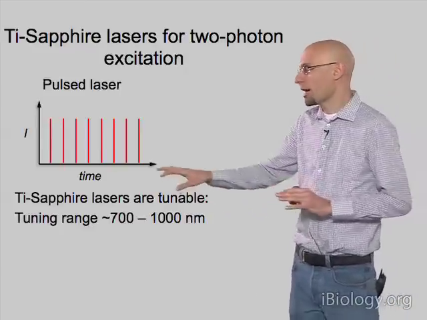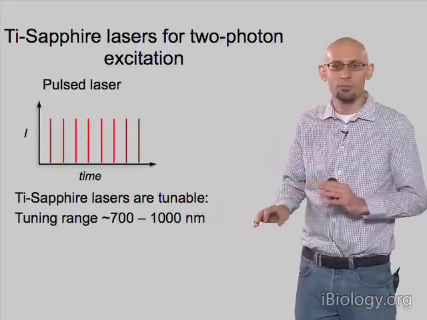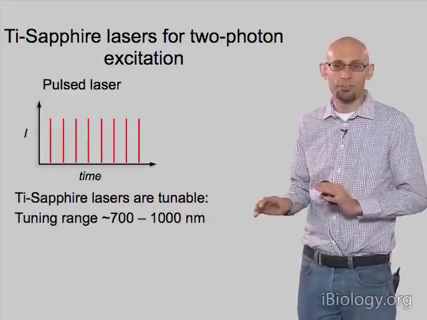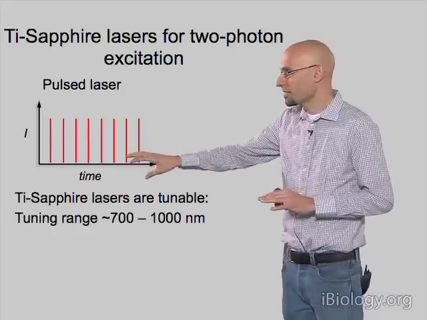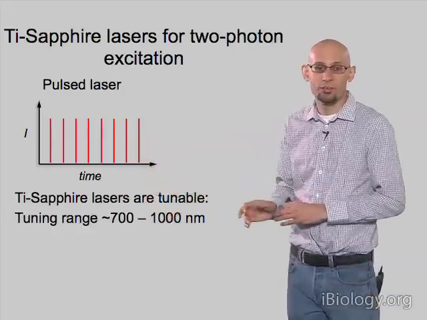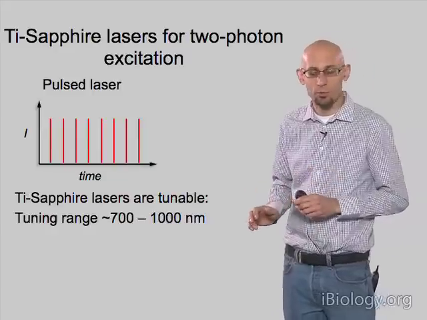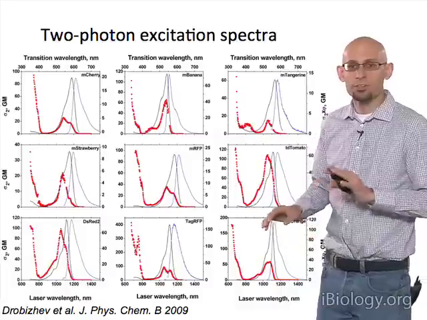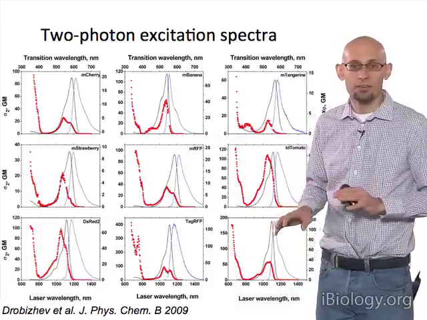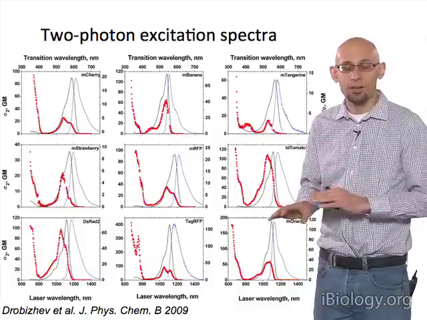And this is why these titanium sapphire lasers have become the really popular workhorses of two-photon microscopy. They have this very nice pulsed behavior, and they have this tuning range that exactly matches what we want for biology.